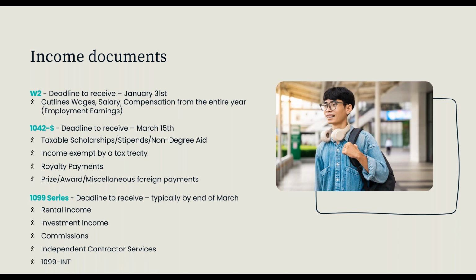Also, if you had an investment account and you've made a gain on that, there's a high chance that your broker or the person you've made your investment with will issue you with that 1099 document. Also, commissions are under the 1099 umbrella, but the most common one would be independent contractor services. So typically, if you're working independently and not as an employee of a business, but as a contractor, you will receive a 1099 at the end of the filing year.